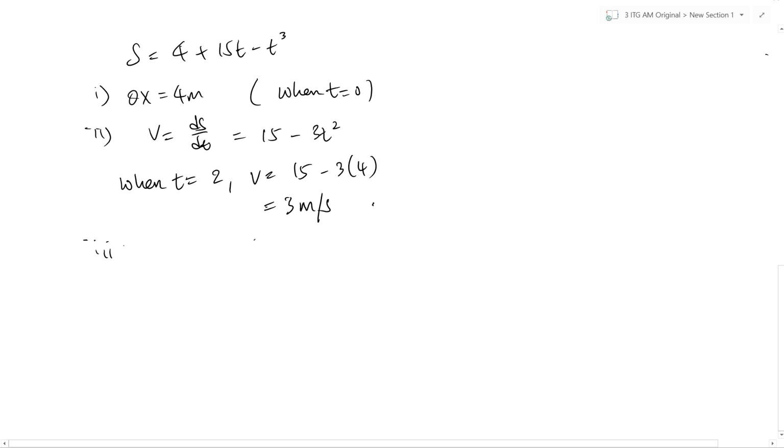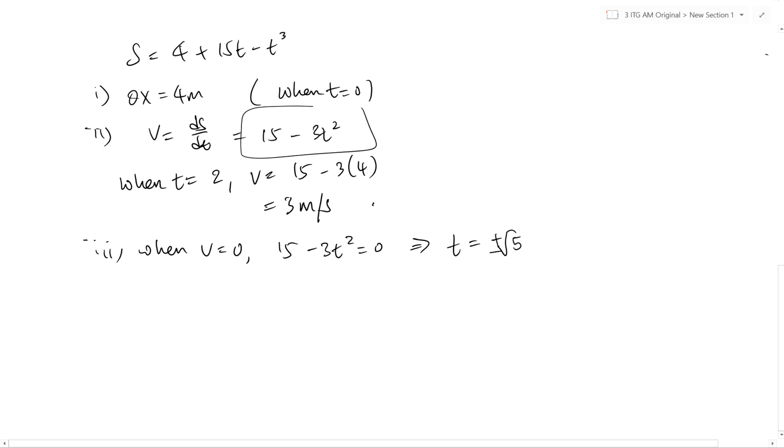Part 3, acceleration when he is instantaneously at rest. Instantaneously at rest means velocity equals 0. When v equals 0, 15 minus 3t squared equals 0. This tells me that t equals plus or minus root 5. But can time be negative? No, so we reject the negative, because time cannot be negative.